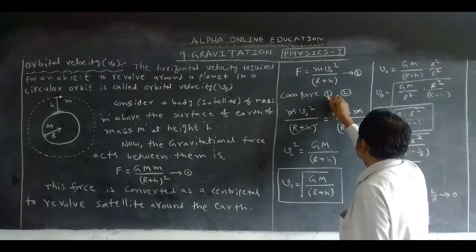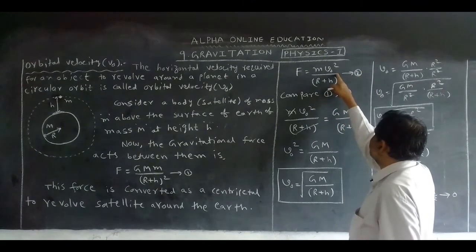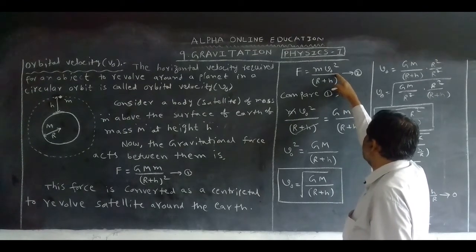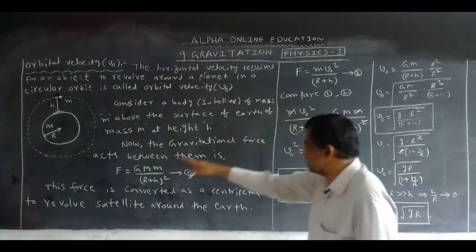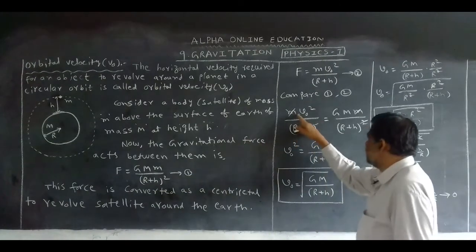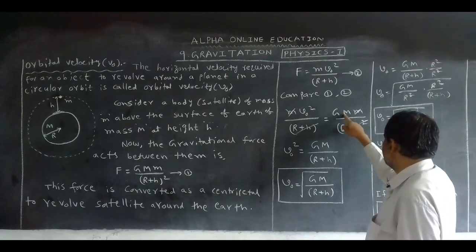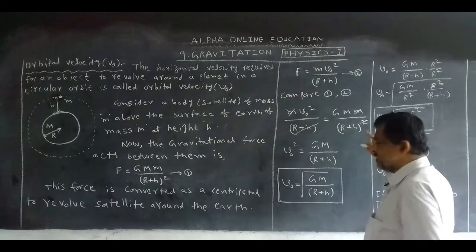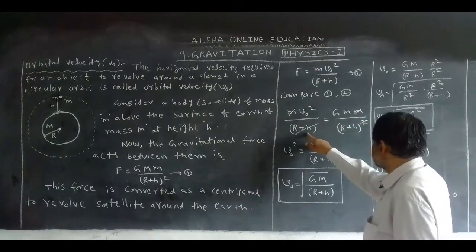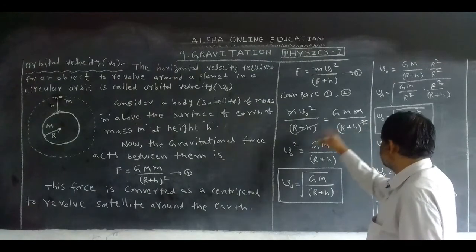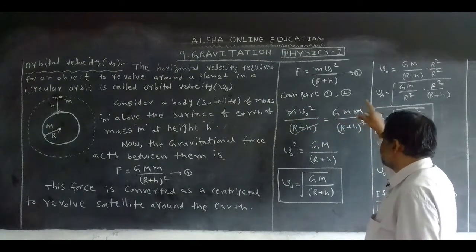Comparing 1 and 2: m v naught square by (R plus h) is equal to capital G capital M small m by (R plus h) whole square. One (R plus h) cancels, small m cancels.